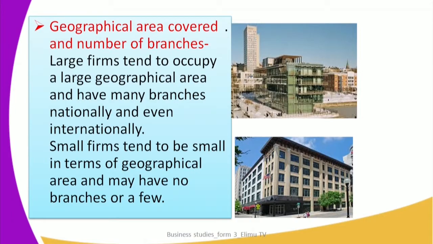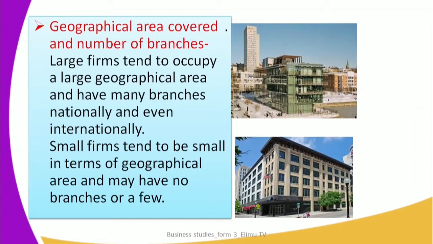So a farm that occupies a large geographical area is said to be larger. A farm that has many branches nationally and internationally is also said to be a large farm. On the other hand, small farms tend to be small in terms of geographical area, and may have no branches or just have a few branches.